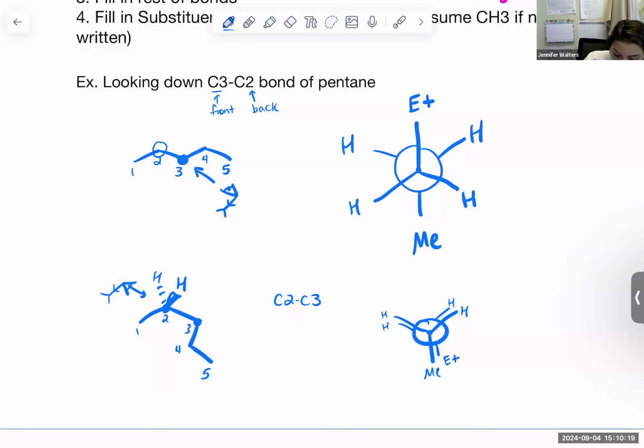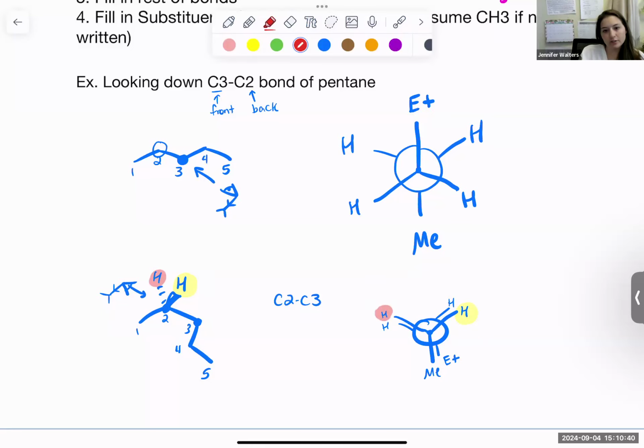So when we're looking at that, in this exact perspective, this wedge is going to end up on my right. So this hydrogen is the hydrogen on my left. And I can do the same thing for the back ones.